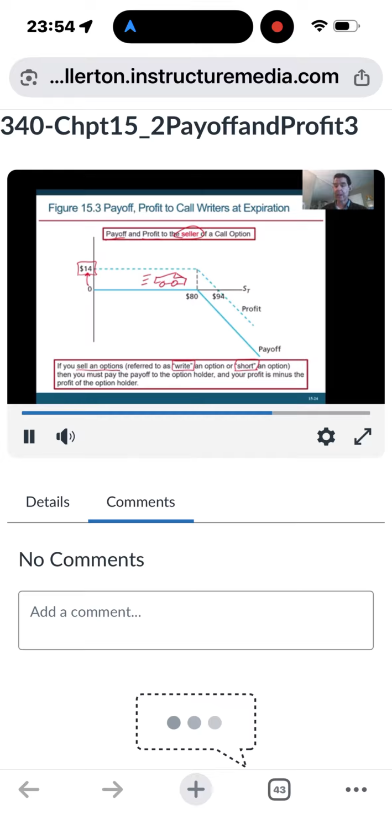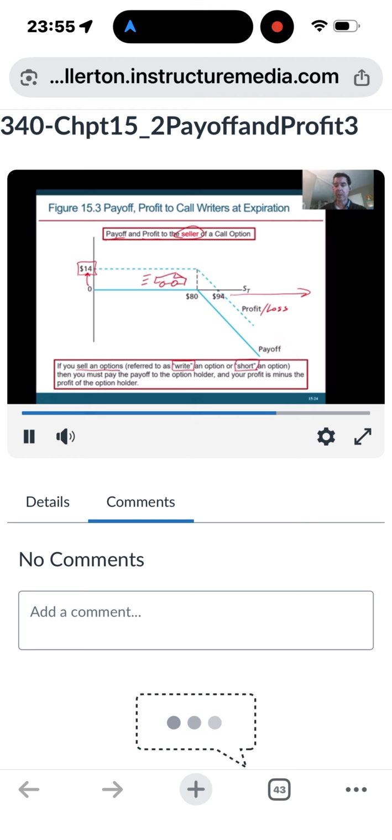The other thing here is note that if you write an option, look at your profit, or I should call this profit or loss. This loss is potentially unlimited. If the stock keeps going up and up and up, then you can lose an unlimited amount. So you need to watch out for that. That can be a little bit dangerous because you can potentially lose so much money by writing an option.